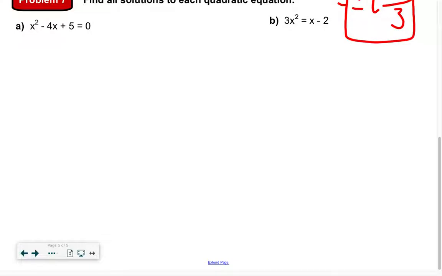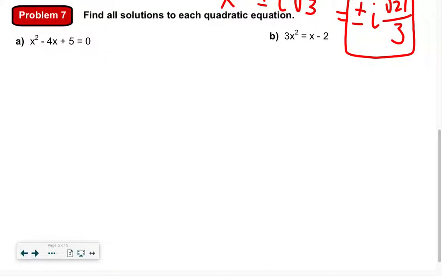Alright, we want to find all the solutions of the quadratic equation. The first thing I always want to look for is, can I break it into my 2 sets of parentheses? So does something multiply to positive 5 and add to negative 4? No. So we're going to use our friend, the quadratic formula, where a is 1, b is negative 4, and c is 5.